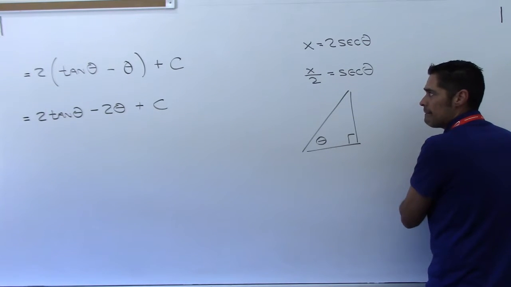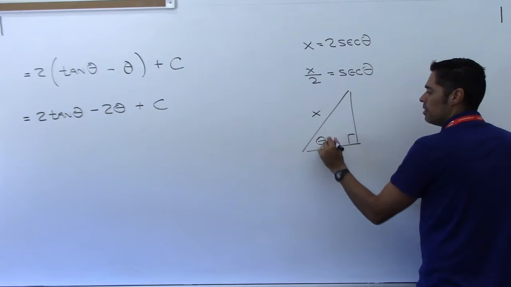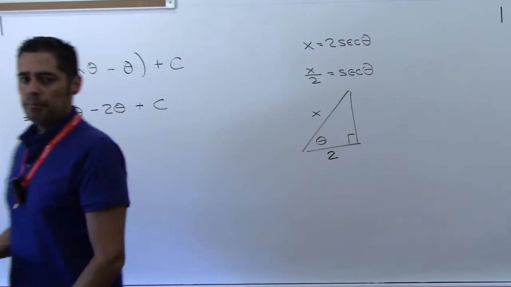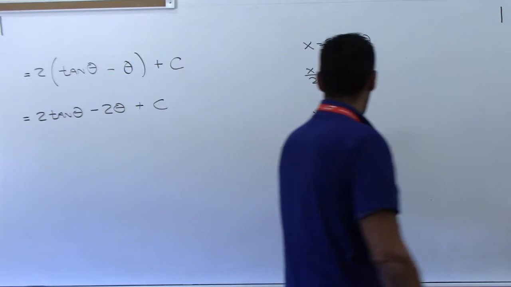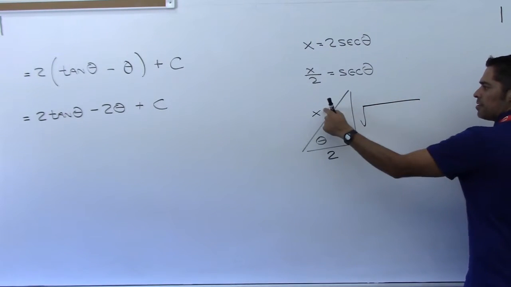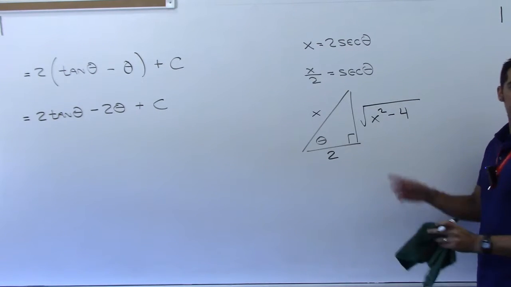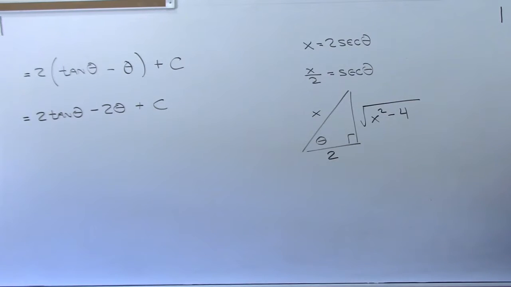X is the hypotenuse and 2 is the adjacent. Do you agree? And that forces this other side to be this squared minus this squared, which better match that root that started this whole thing off, right?